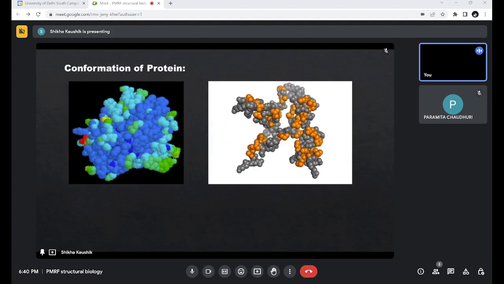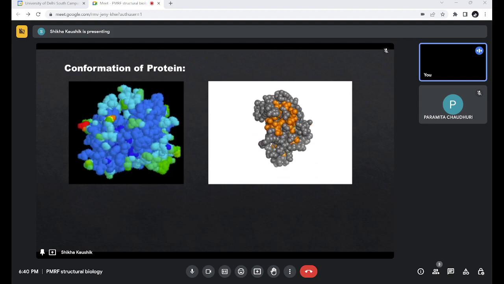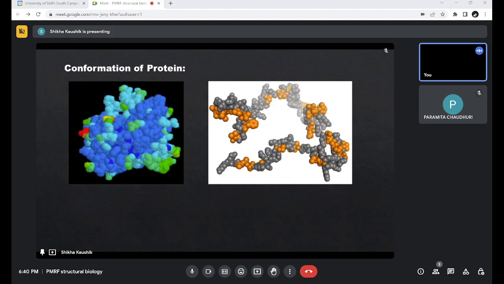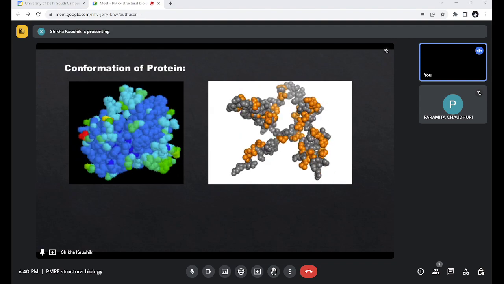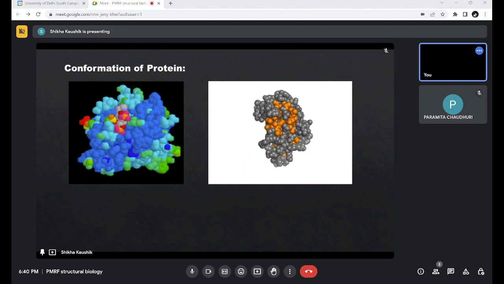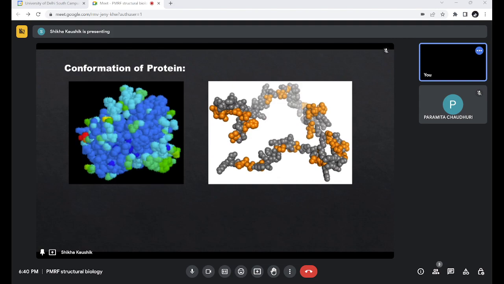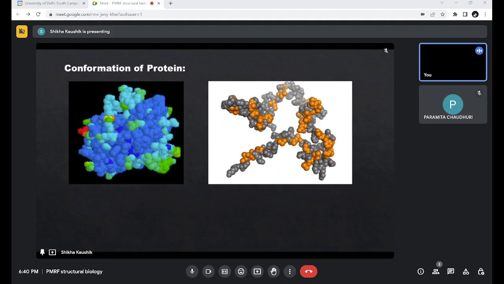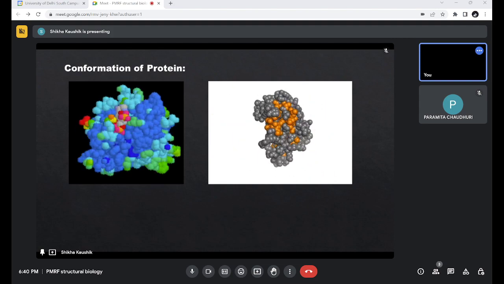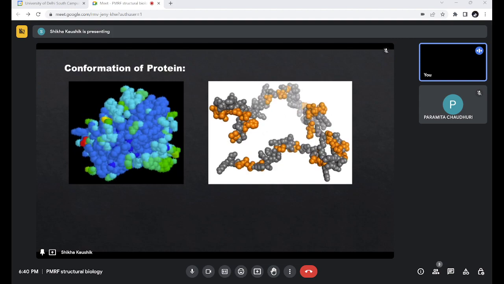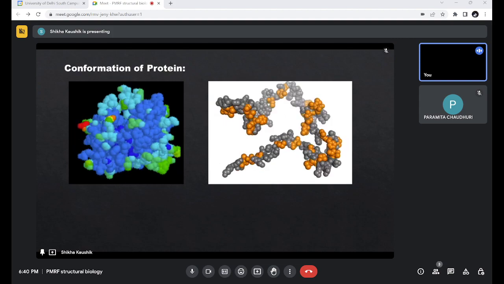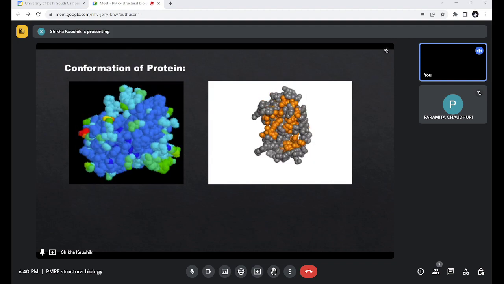And if I talk about the application of molecular dynamics simulation, definitely it helps you understand the conformation of a protein. I'm just talking about molecular simulation in terms of biology. So for example, when you visualize a structure, you have your structure backbone.